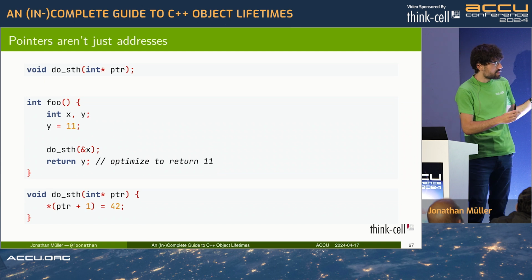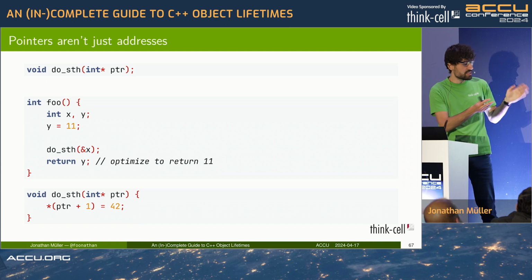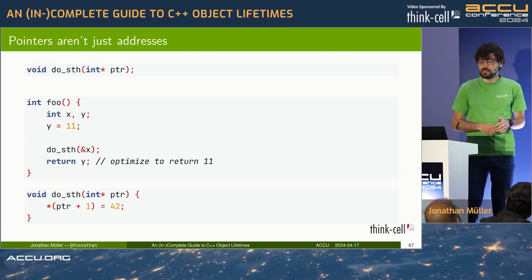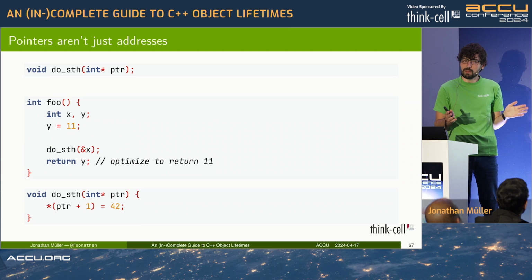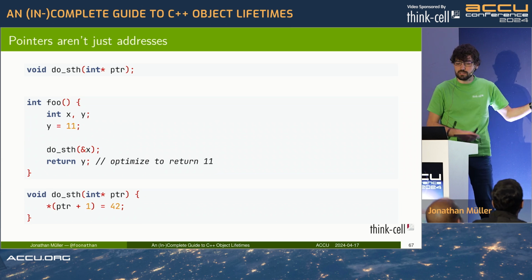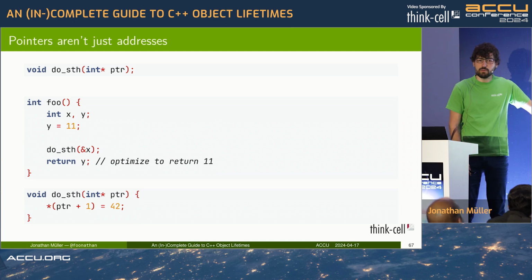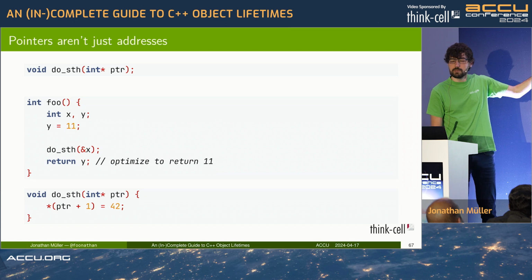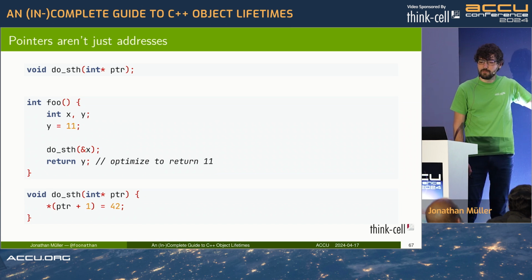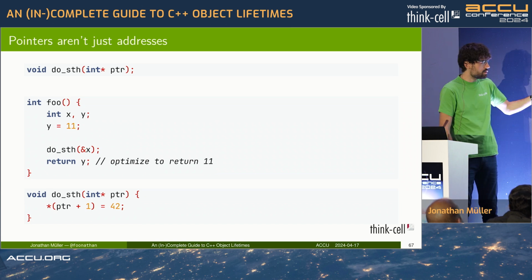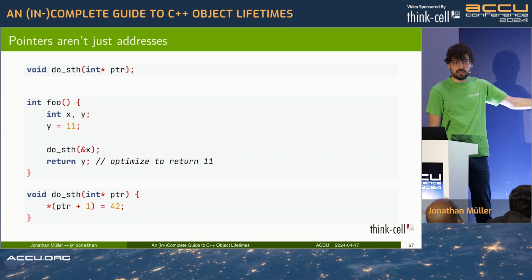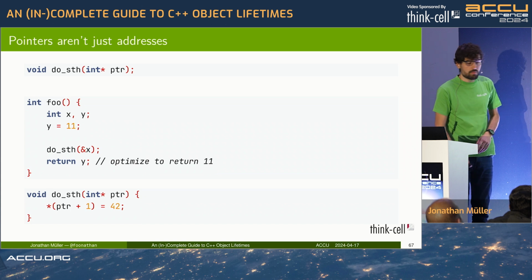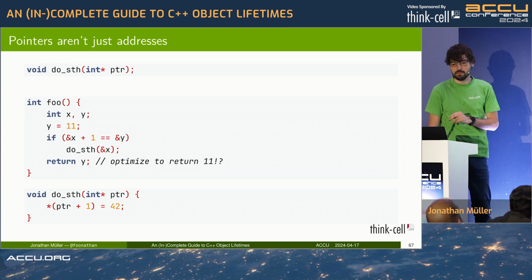But what if do_something does this? So do_something takes the pointer, gets one further, and sets this to 42. And it might just happen that whatever this address is, is the address of y. So now we're changing y in this function, so the optimization is broken, right? Well, no, because we don't know that, this could be some arbitrary address. So let's say we do that.